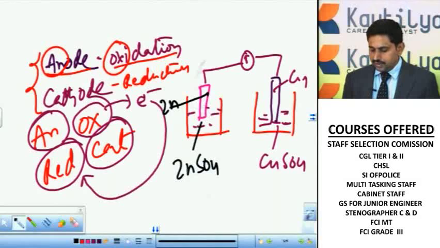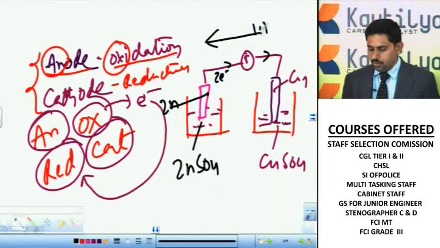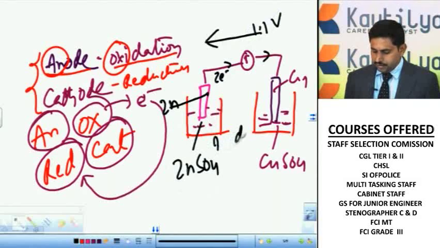The process by which electricity is conducted: two electrons are moving from here, right? So the current flows in the opposite direction, current is flowing, that means its voltage is 1.1 volt. Okay, so this is the anode and this is the cathode. What is happening at the anode?